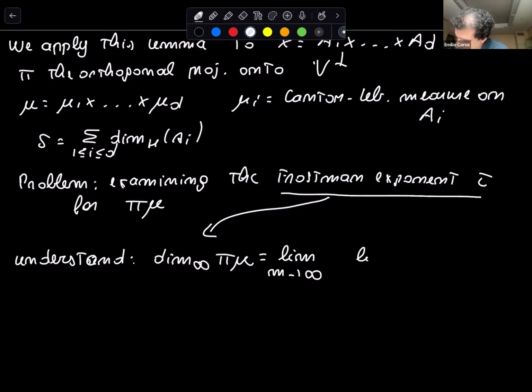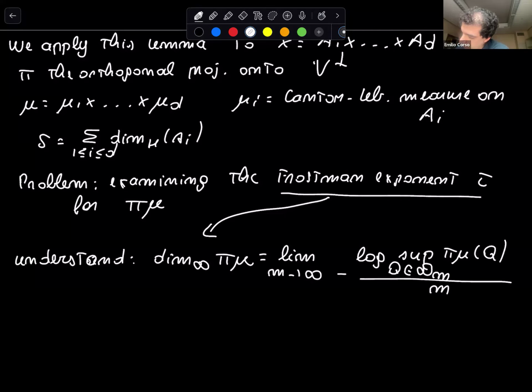So it's log of the supremum, somehow the L infinity norm, over all cubes in D_m, which is simply the dyadic partition of side length 2 to the minus m, of π μ(Q).